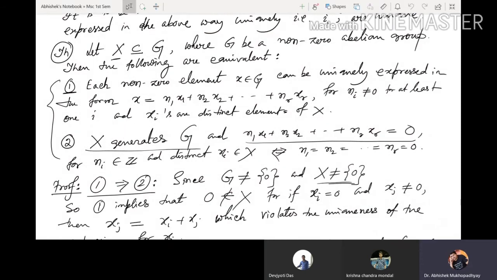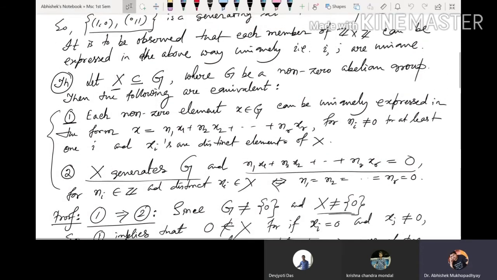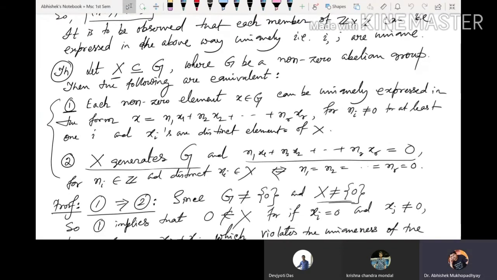So we have proved that, where G is a non-zero abelian group, the following are equivalent.